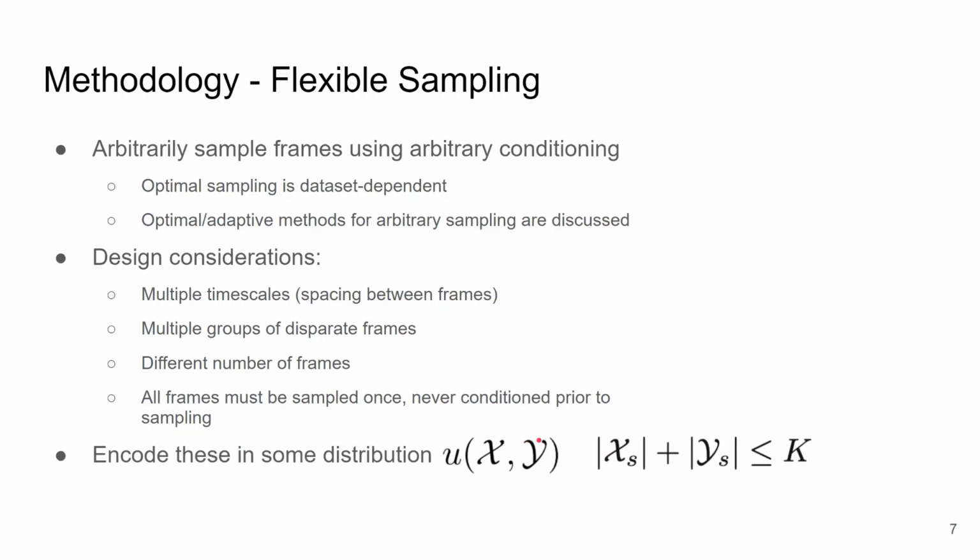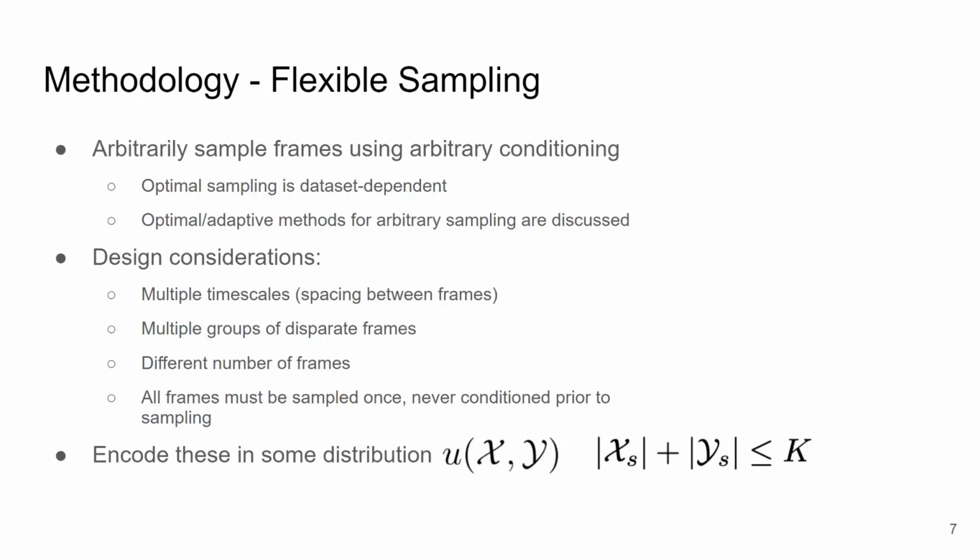Now, as Shane had mentioned before, there's a threshold that we put on these two values, which is K. The intuition behind this is if we didn't implement K and we let the model sample however many frames it wants to generate and however many frames it wants to condition on, it could theoretically choose 150 or 200 or 300 frames to sample in a single step.